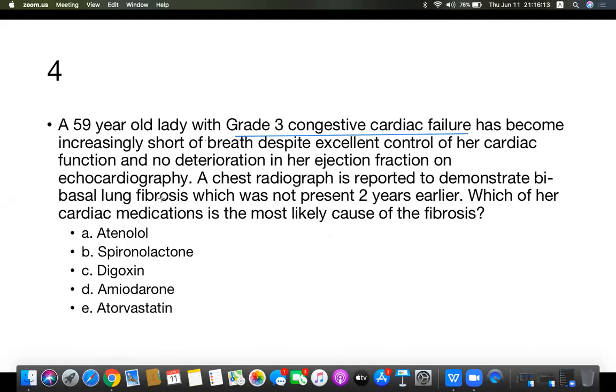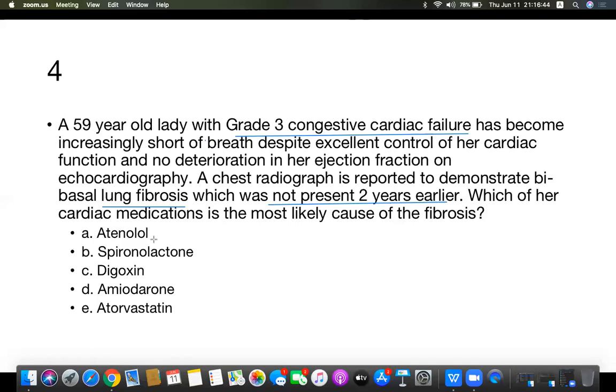She has become increasingly short of breath despite excellent control of her cardiac function and no deterioration in her ejection fraction on echo. So they have ruled out the problem from the heart side. A chest radiograph is reported to demonstrate bibasal lung fibrosis. This lung fibrosis has happened recently, and was not present 2 years earlier. So it must probably be caused by one of these medications.